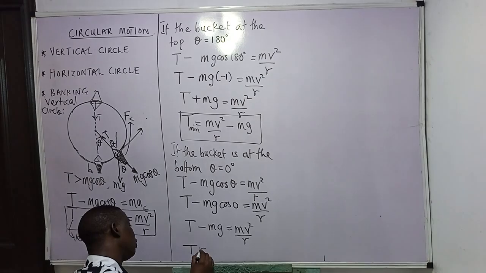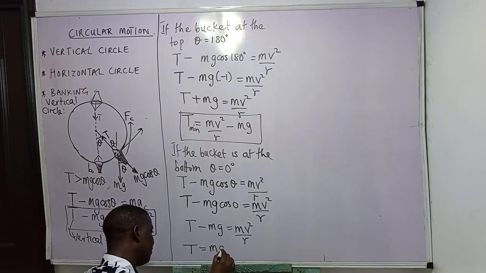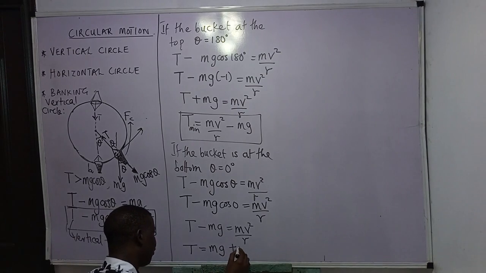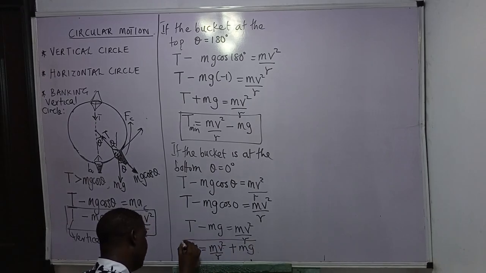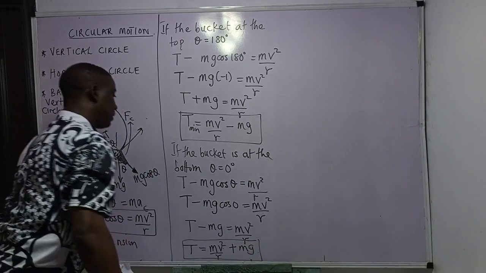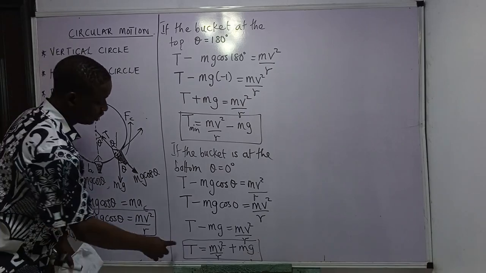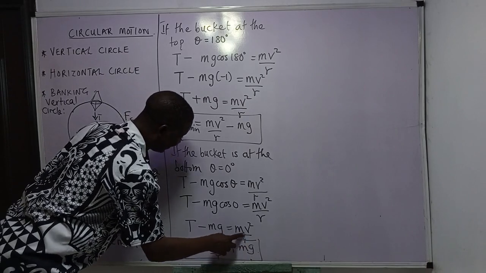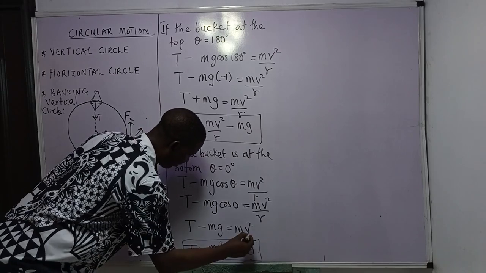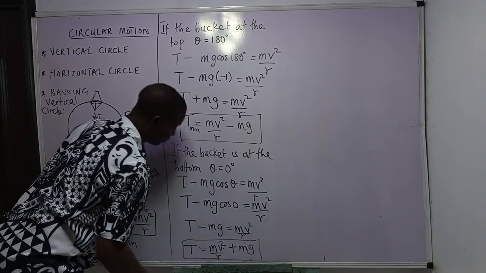Finally, tension equals mg plus mv square over r. So this one is tension. That is to say that T equals mv square over r plus mg at the bottom.